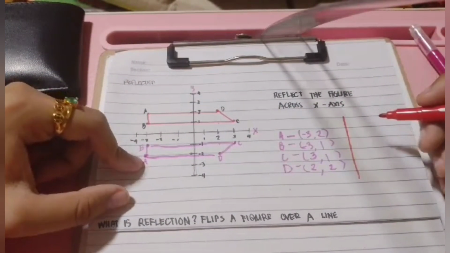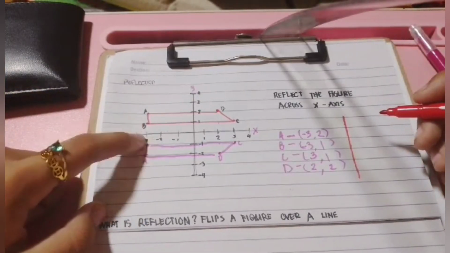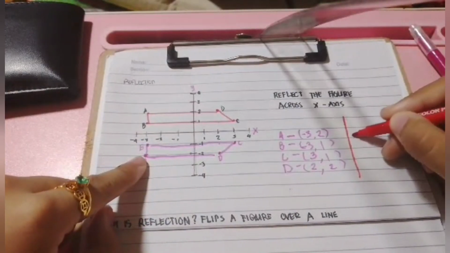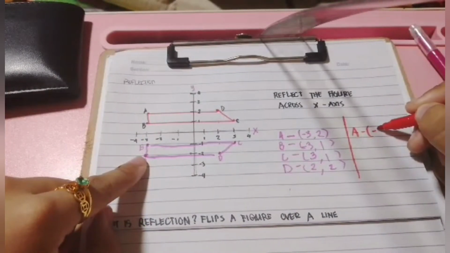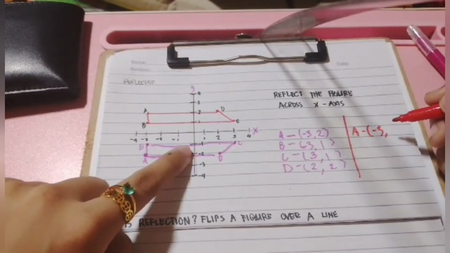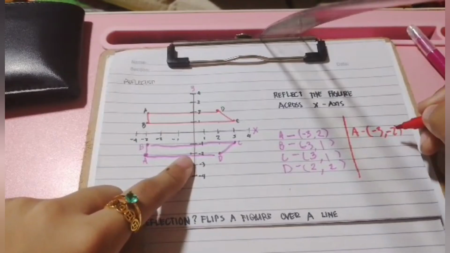We start with A again. From the x-axis first, then y. Negative 3, negative 3, negative 3, negative 2.